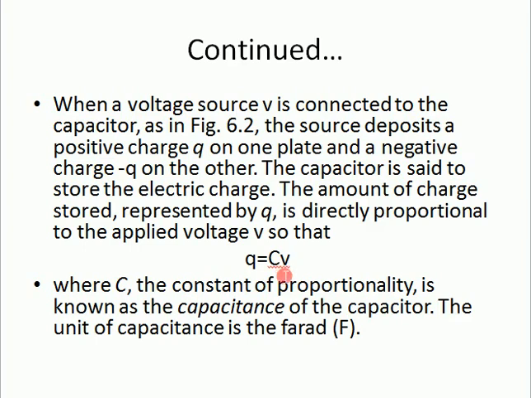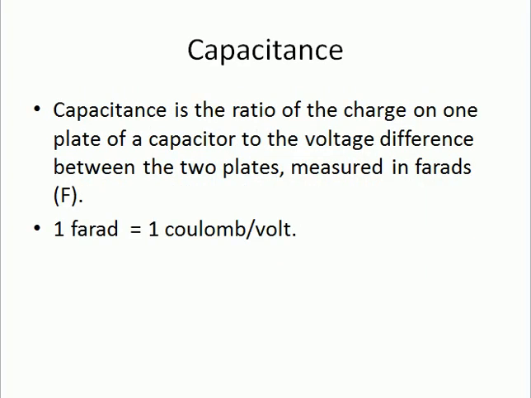From here we can find the value of C: C is equal to Q over V. So we can define C as the ratio of the charge to the voltage source applied at its terminals. Capacitance is the ratio of the charge on one plate of a capacitor to the voltage difference between the two plates, measured in farad, F, and 1 farad is equal to 1 coulomb per volt.